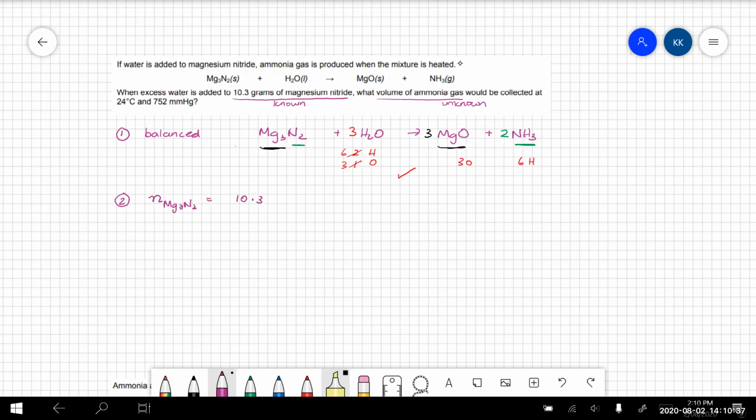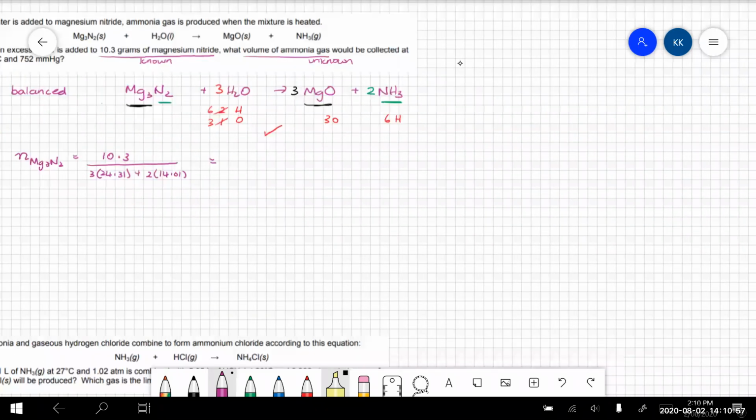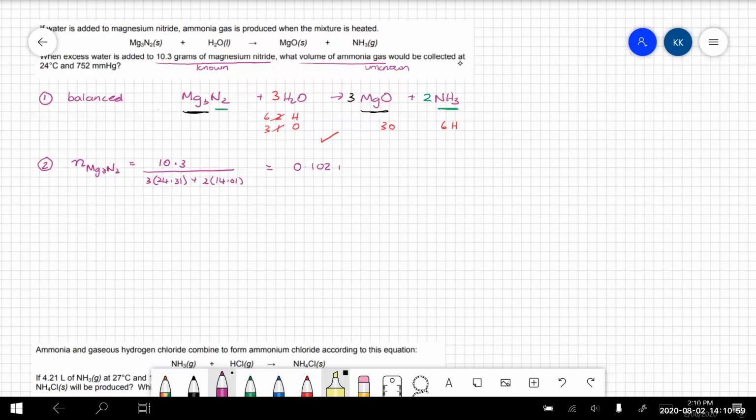Now there's a calculation here for molar mass because it's not just one atom. So you've got 3 magnesiums and 2 nitrogens. Run that through your calculator and you will find that that is 0.102 moles. Again, 3 significant figures because the 10.3 was 3 significant figures.